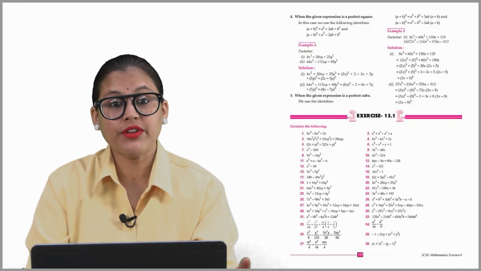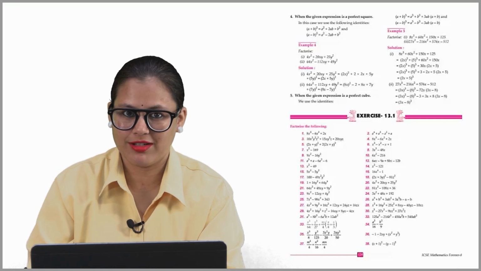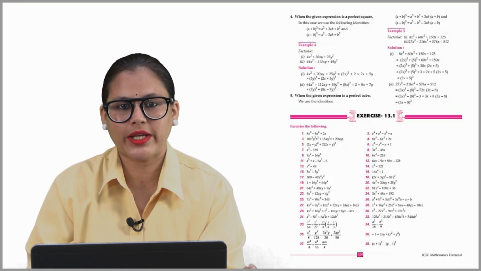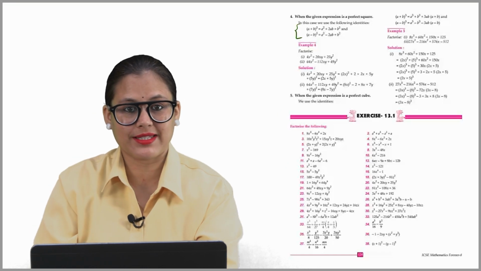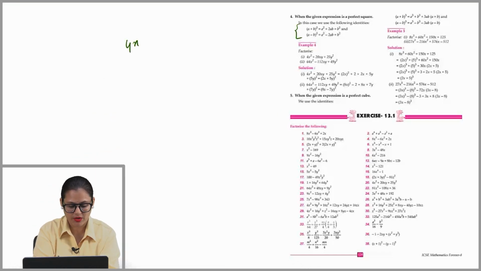Number 4, when the given expression is a perfect square. In this case, we use the following identities. So, these are the identities. Let's factorize. The example is 4x square plus 20xy plus 25y square. 4x square is the square of 2x. 25y square is the square of 5y.